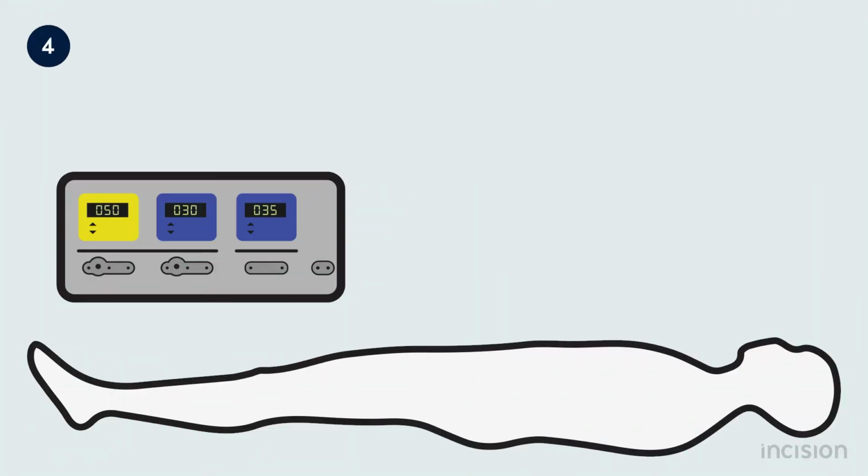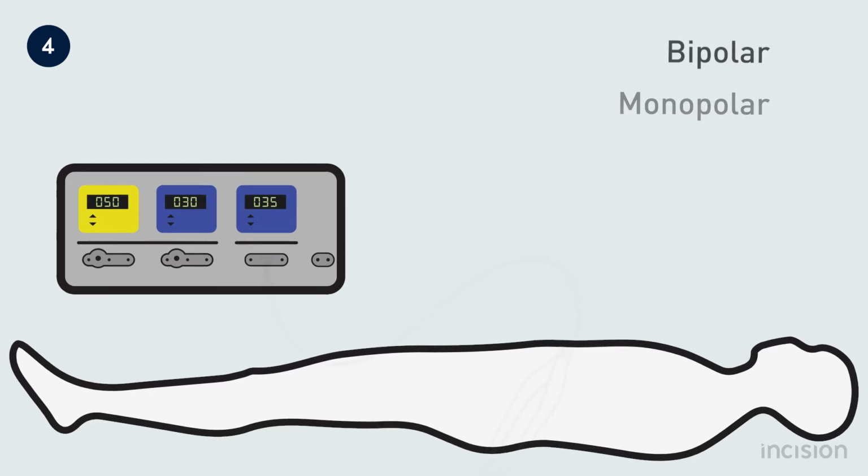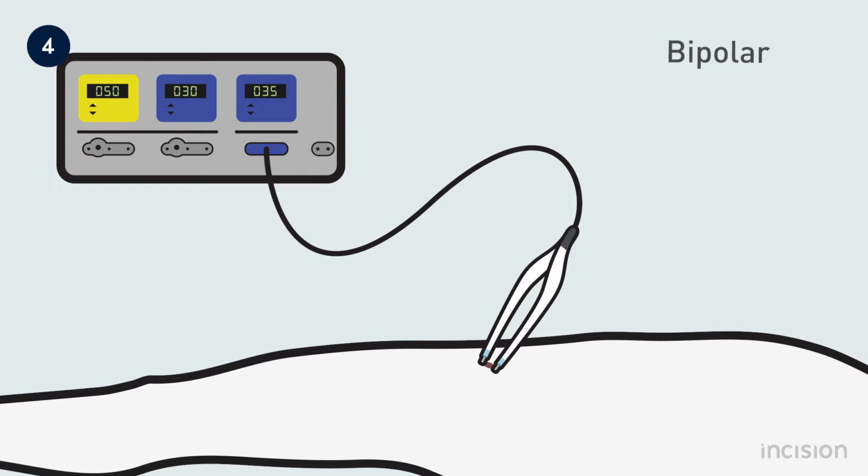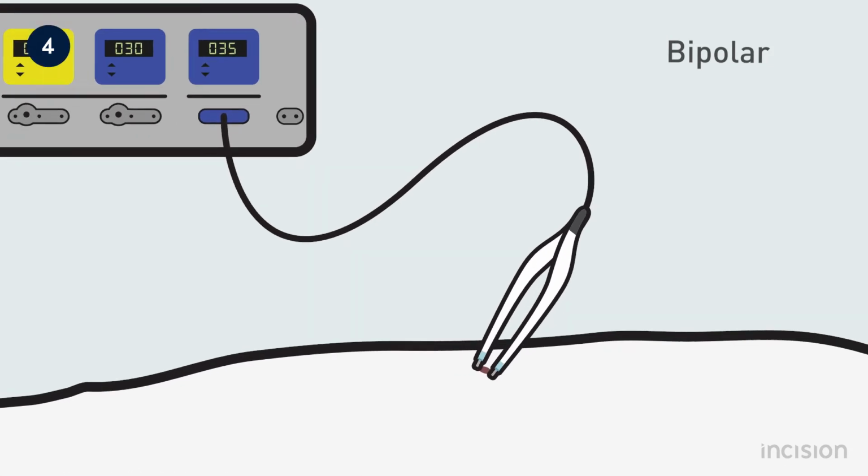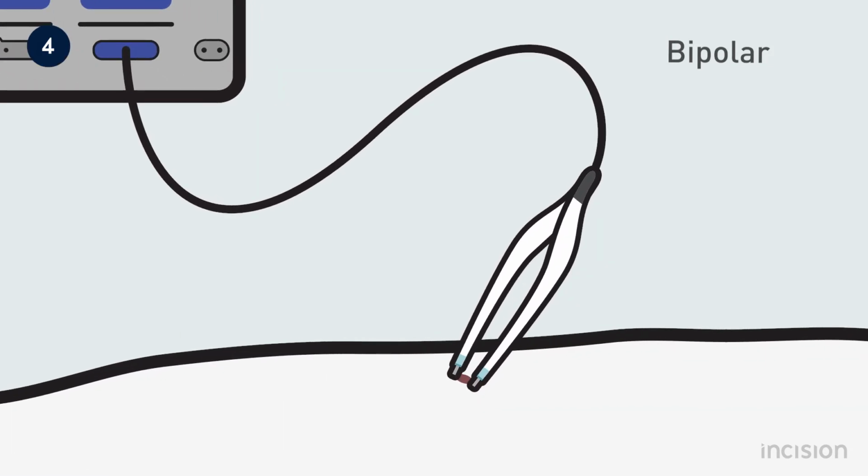There are two types of electrosurgery: bipolar and monopolar. In bipolar electrosurgery, two active electrodes of different polarity connecting the tissue to the electrical circuit are part of a handheld device.